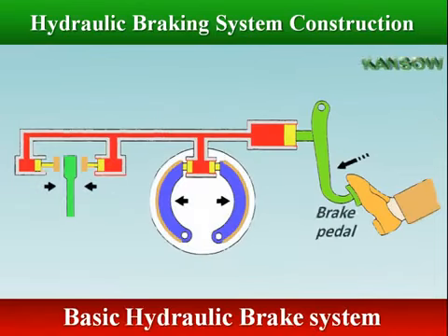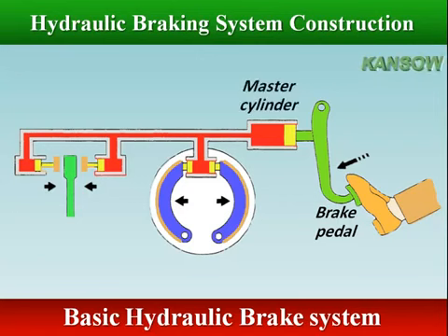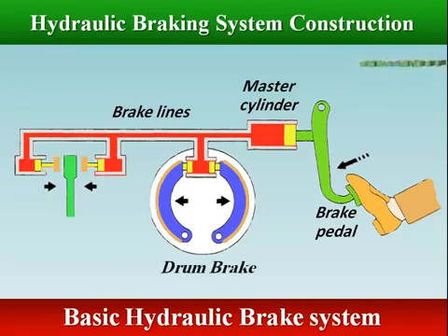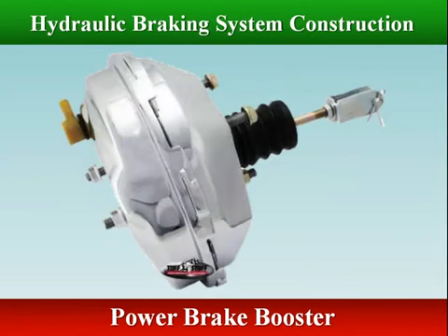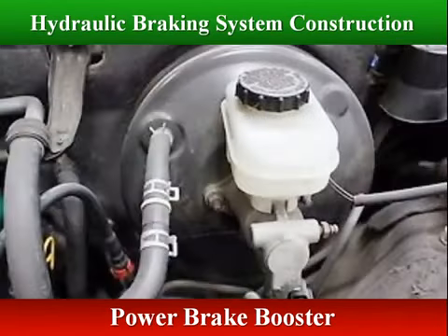The driver pushes the brake pedal, it applies force to the piston in the master cylinder, the piston applies pressure to the fluid in the cylinder, the lines transfer the pressure to the wheel cylinders, and the wheel cylinders at the wheel assemblies apply the brakes. On modern vehicles this basic system has some refinements such as a power booster. This helps the driver apply the brakes.